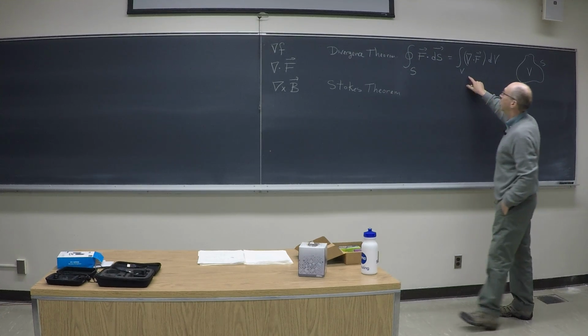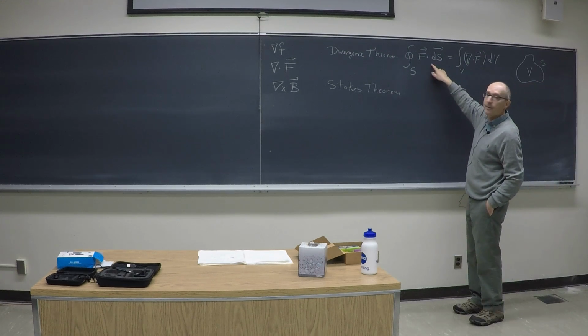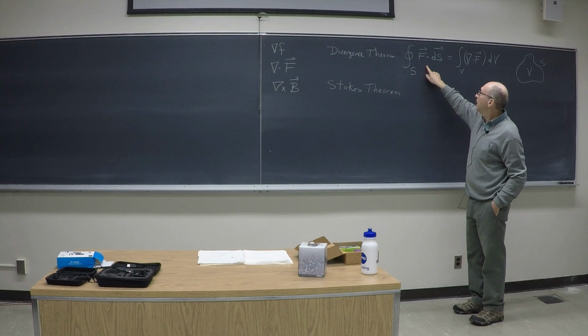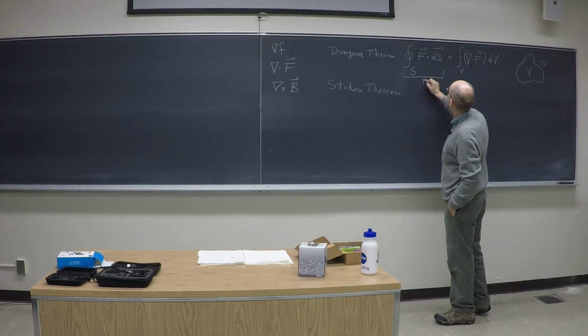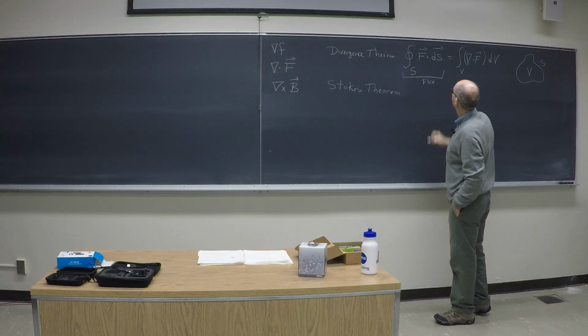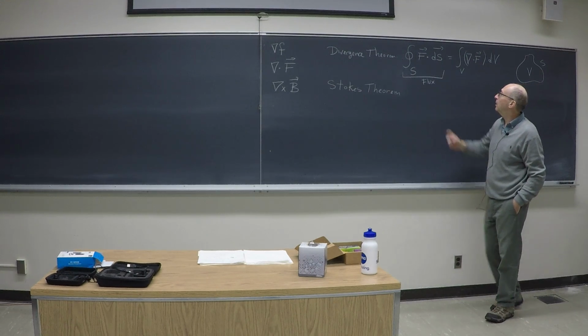Oh, by the way, before I forget, I meant to say something. This term here on the left, remember, it's important, is called the flux of the field F. For obvious reasons, we spent a little bit of time on that before.